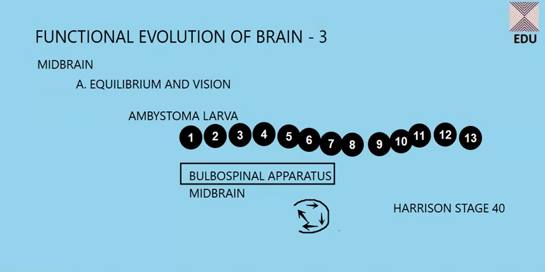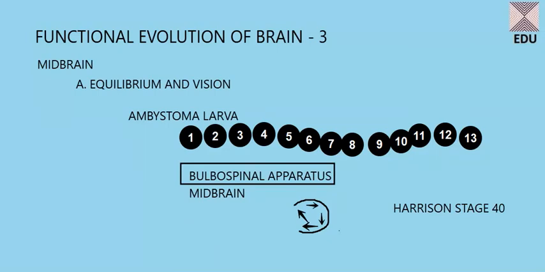So what I want to say over here is that if you remove the bulbospinal apparatus, it will reach stage 40 and it will be moving in a circular direction. That simply means that it loses its control on the locomotion.